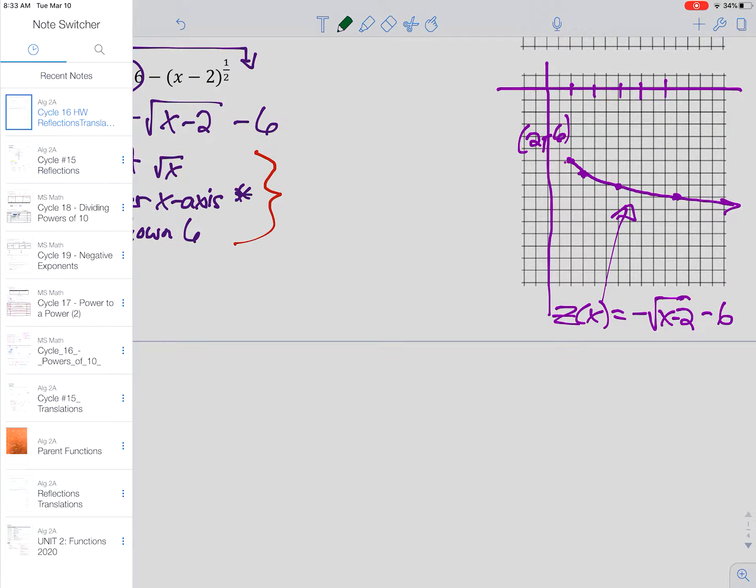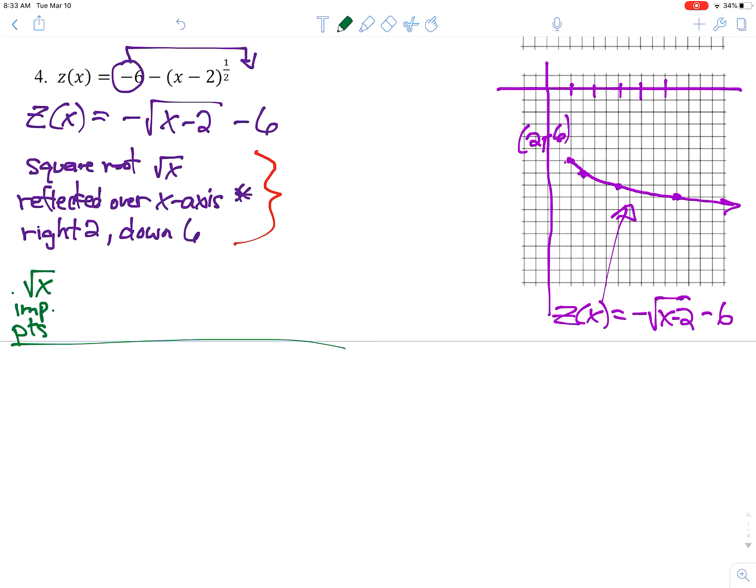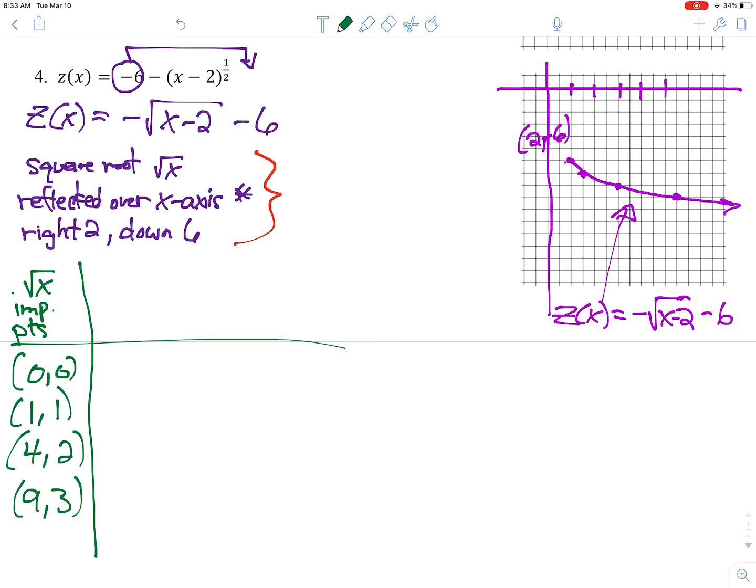And I'm going to graph those. In the square root function, it's 0, 0, it's 1, 1, it's 4, 2, and it's 9, 3. There's an infinite number, of course, but those are the ones that are nice and easily graphable. And I'm going to take these transformations step by step.